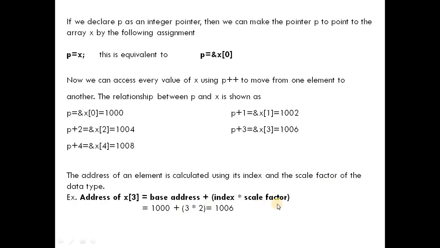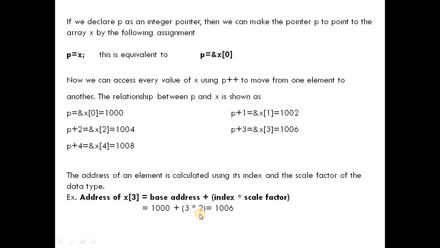So this is the formula for how to access the address. For example, if I want the address of x of 3, the formula is base address plus index into scale factor. In our given example, the base address is 1000 plus index 3 into scale factor.